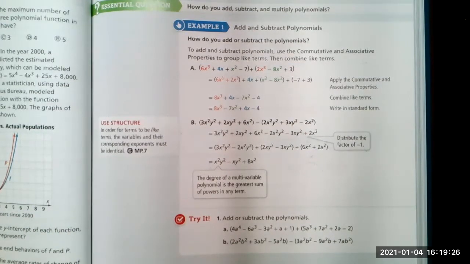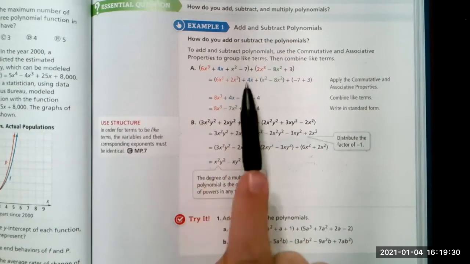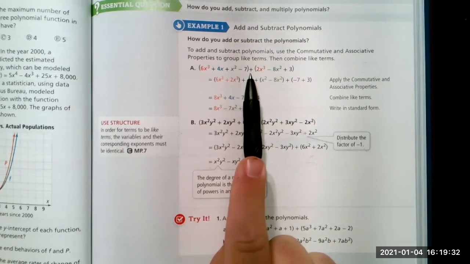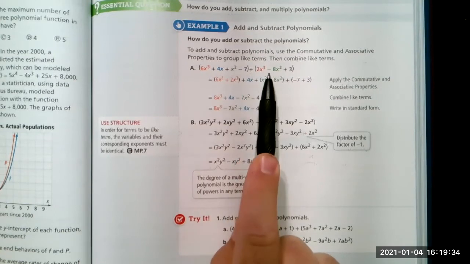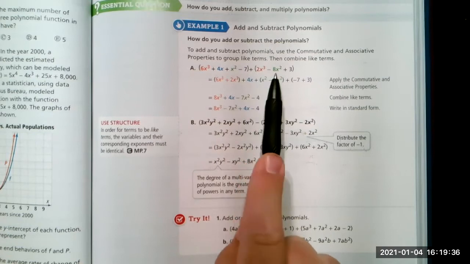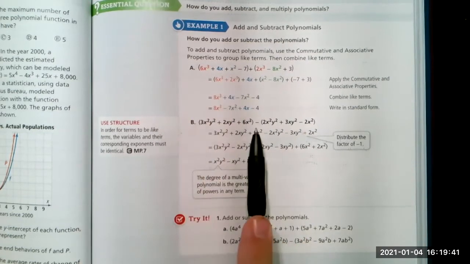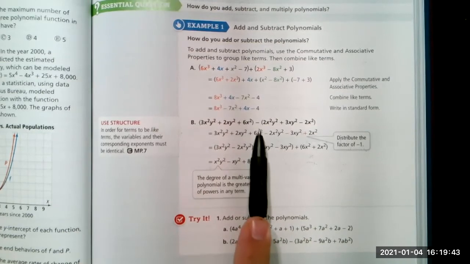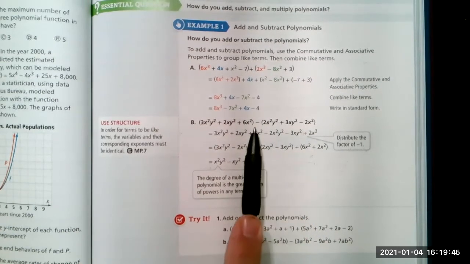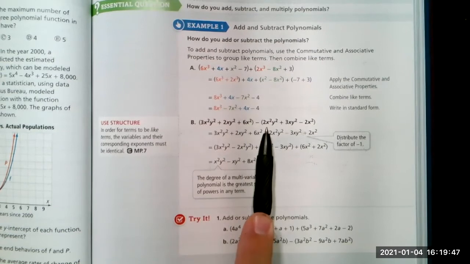I want to emphasize one more thing here, and this is a common mistake that a lot of people make. In part A, notice that you're adding the second polynomial, so you're just adding each of these things to the first polynomial. Here in part B, you're subtracting that second polynomial. So you're subtracting 2x squared y squared.